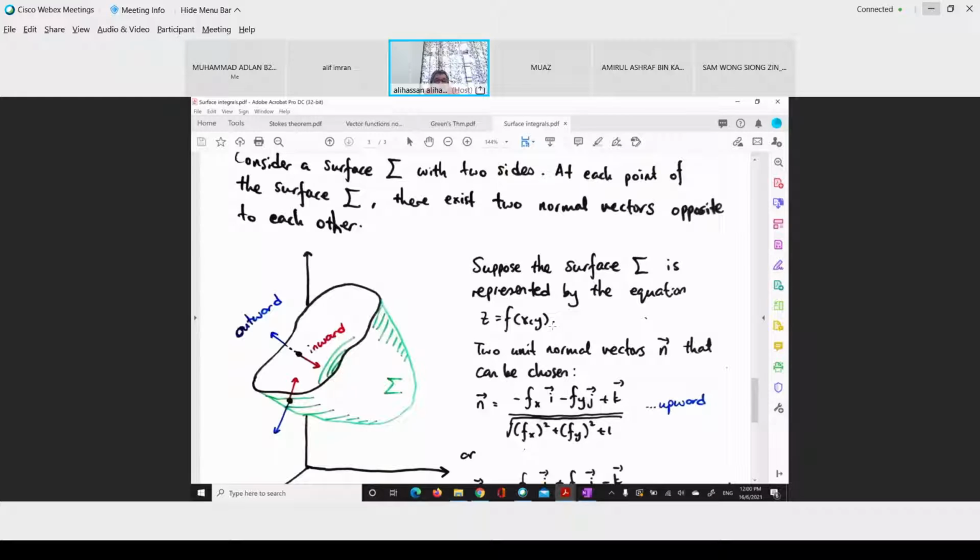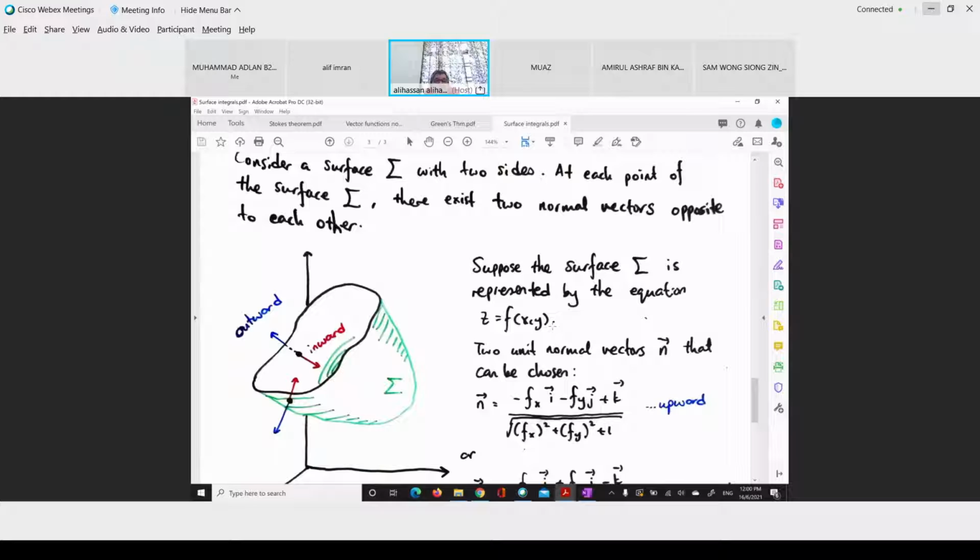Now the modulus of the velocity v times cos theta is actually v dot n, right? The velocity vector v times the normal vector, because the normal vector is always a unit vector. The angle between the velocity v and the normal vector n is also theta.